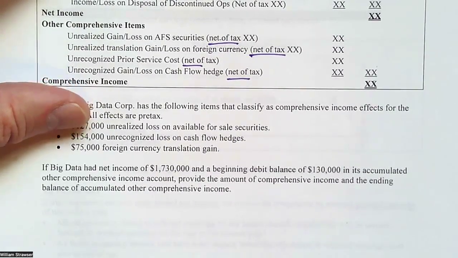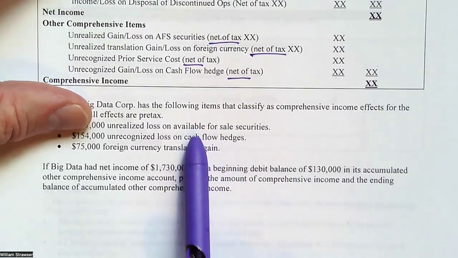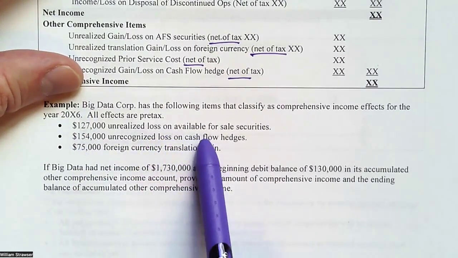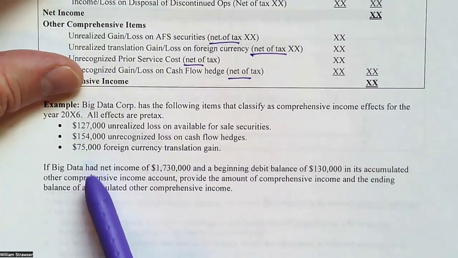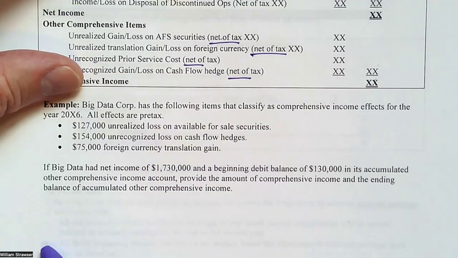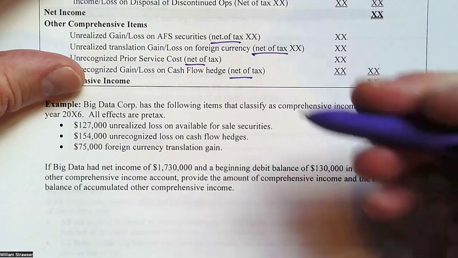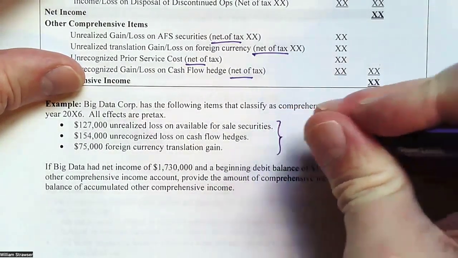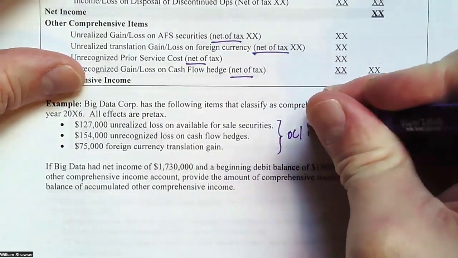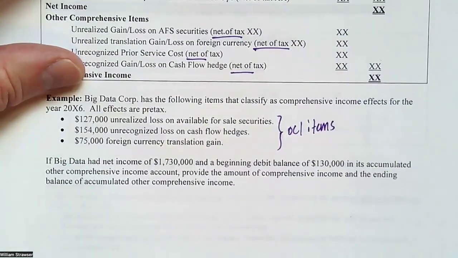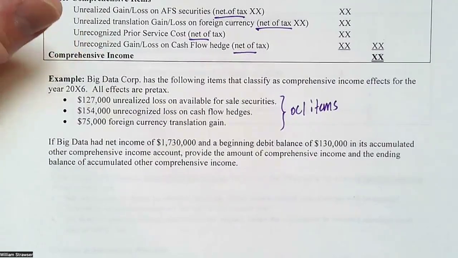So we have a $127,000 unrealized loss for available for sale securities, a $154,000 unrecognized loss on cash flow hedges, and a $75,000 foreign currency translation gain. So we got all these OCI items. These are my OCI items, because these are what I need to include in order to convert net income into comprehensive income.